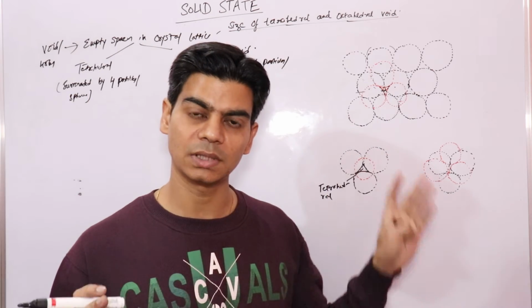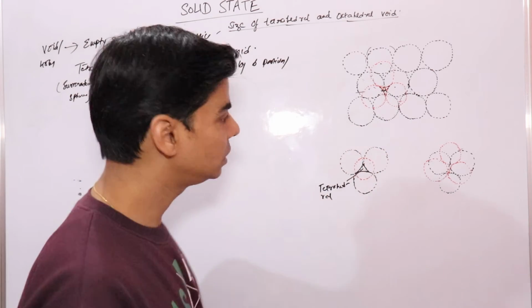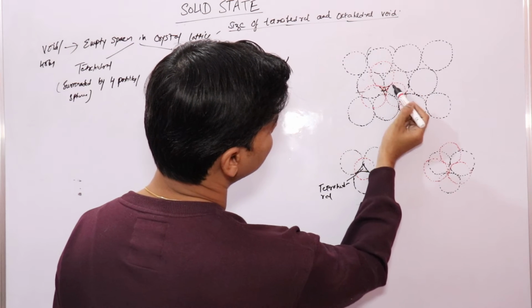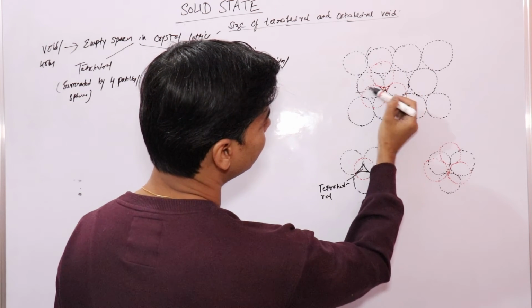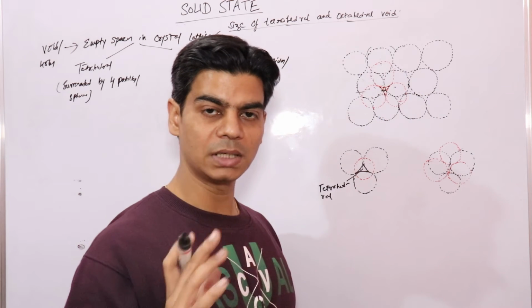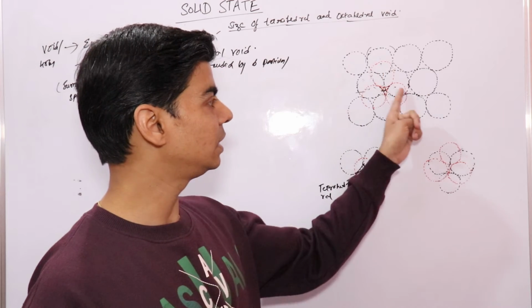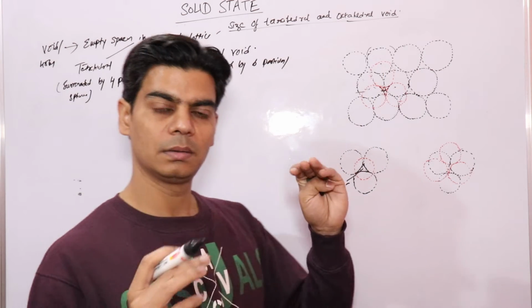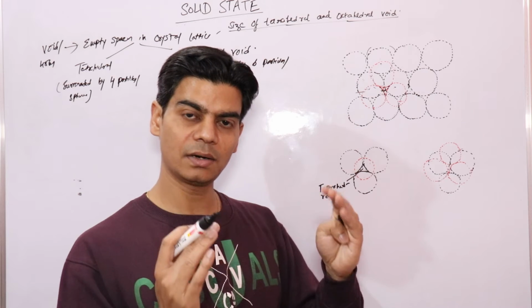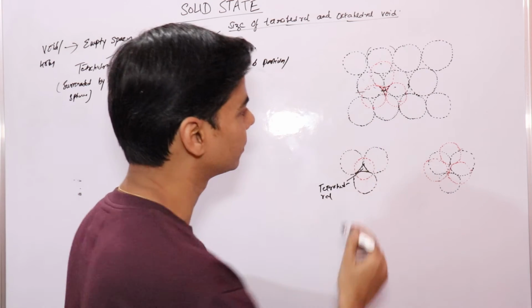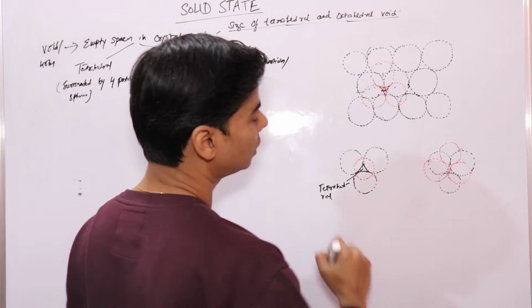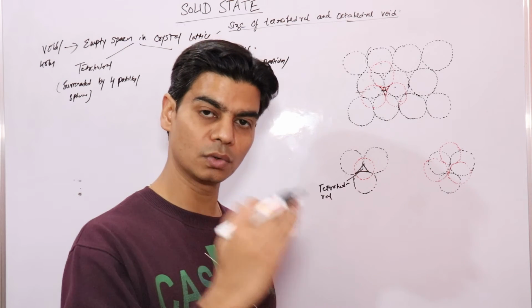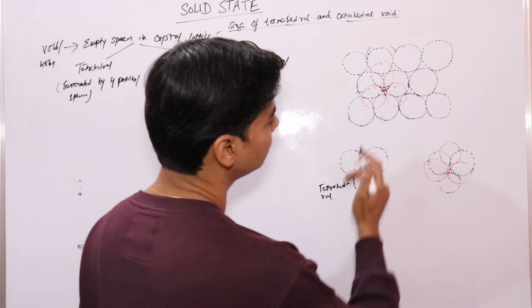Now let's see how these 6 spheres are arranged. These 3 black spheres represent particles in the first layer. To build a second layer, we will place the particles in the second layer onto the voids in the first layer. If you are not clear on how to place these, you can watch my previous video on close packing of particles in crystals.